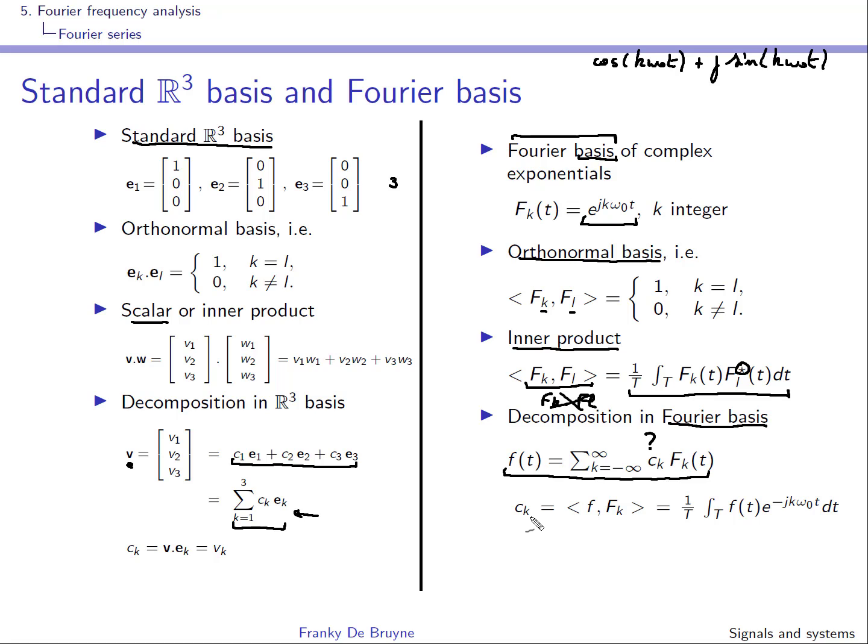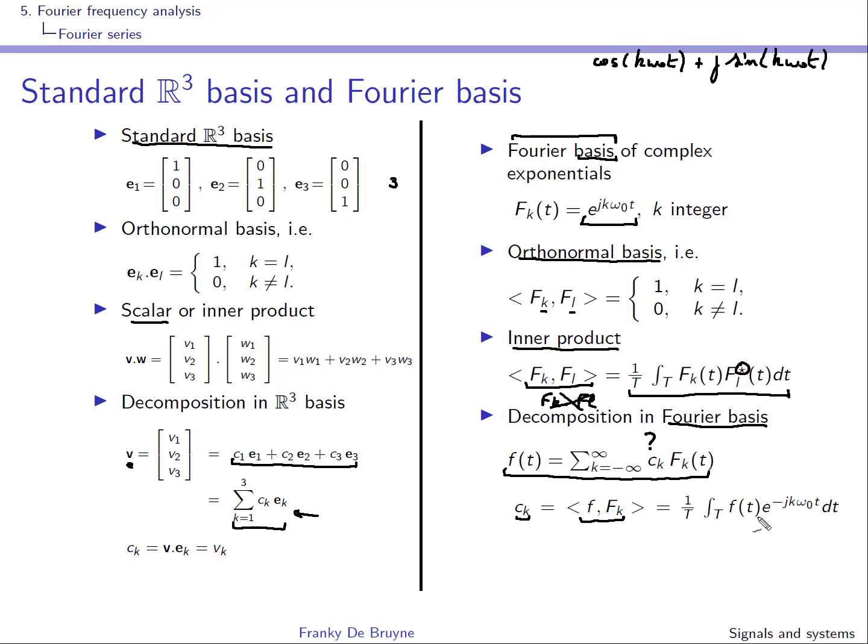Okay, ck, the Fourier coefficient, will be computed as the inner product of f, where f plays the role of v here, with the corresponding element in the basis. So fk plays the role of ek over here. And if we have a look at this inner product, it's this integral here.